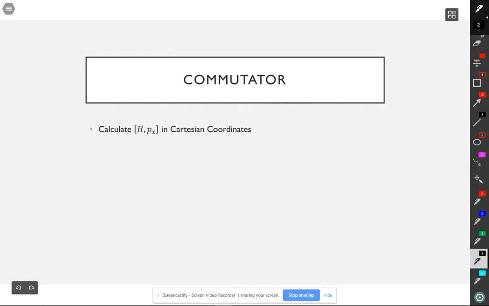Second problem, doing a commutator. So I just chose a kind of random commutator. Actually, thinking about it, it may not have been the best choice, but I chose one.